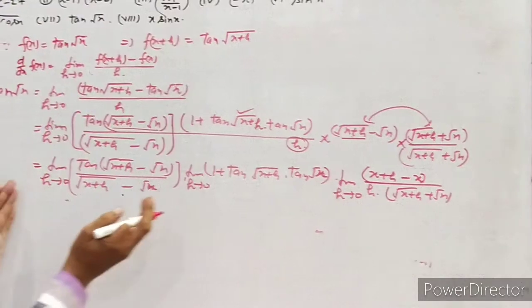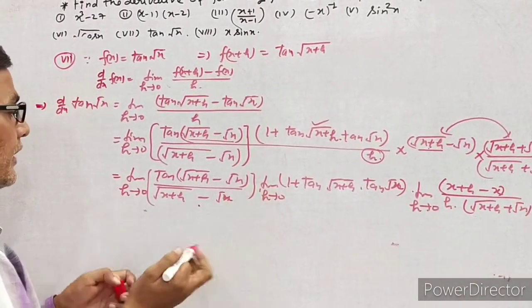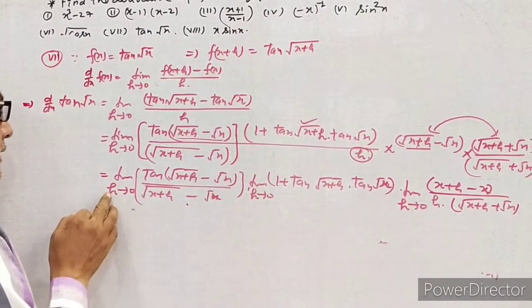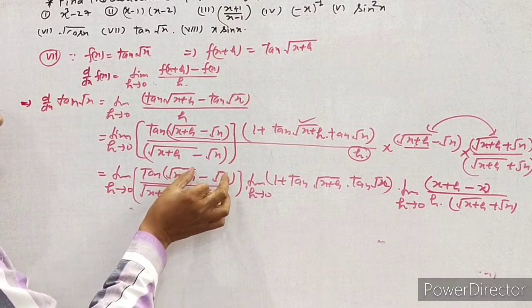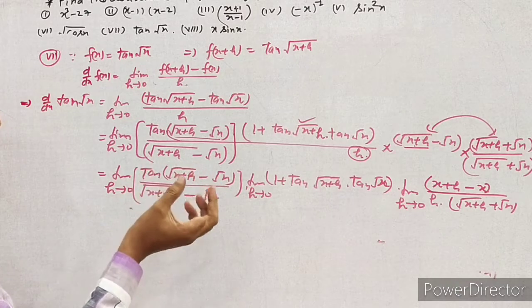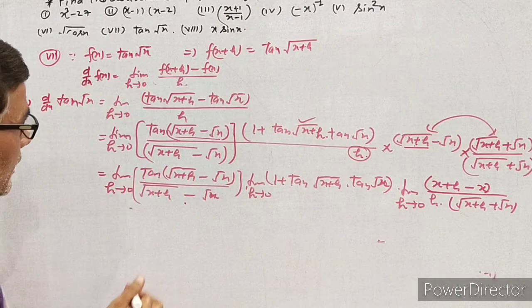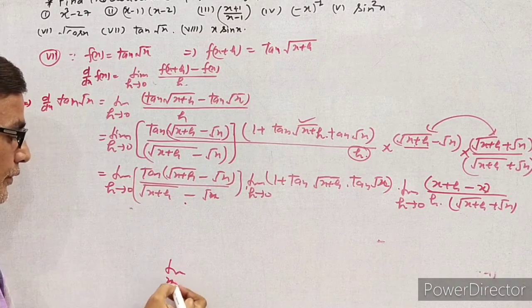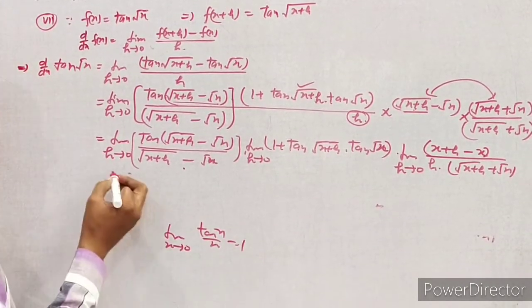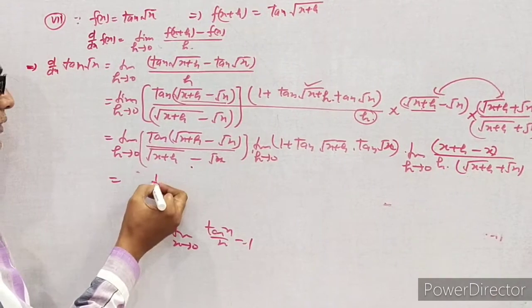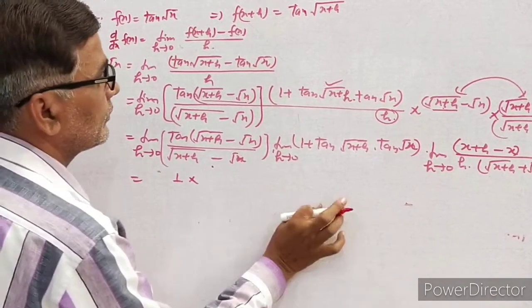We know the value of this term is 1. Why? Because the limit as h approaches 0 of tan x upon x becomes 1, as we have already written. So the value of this term is 1 into here.